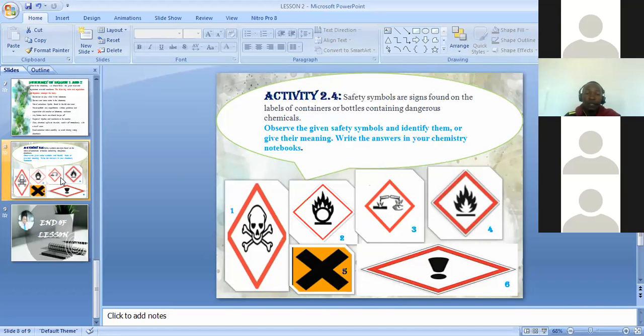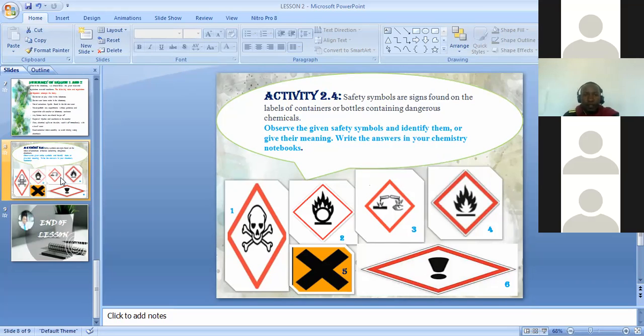And your role is to identify what those symbols mean. I will sample a few members here to give me what symbol 1 means.